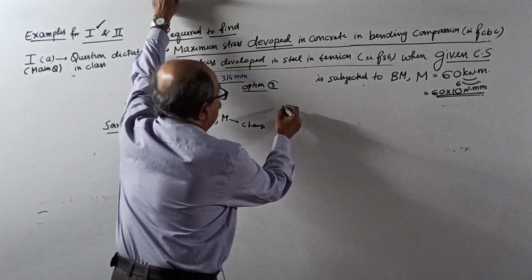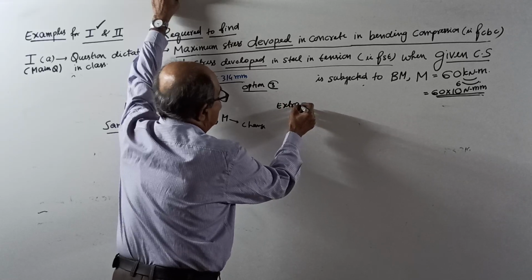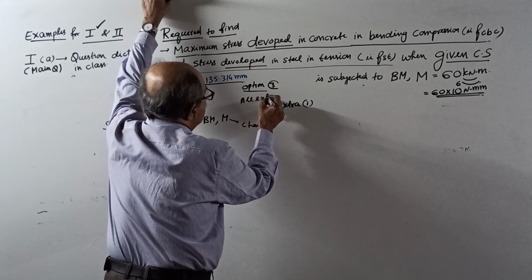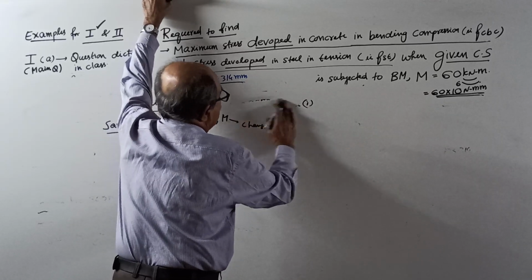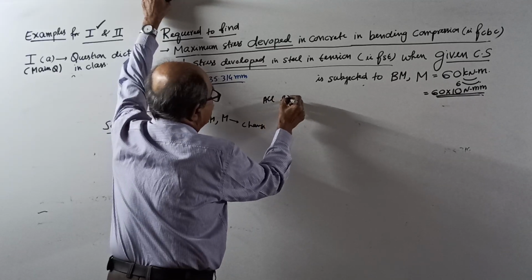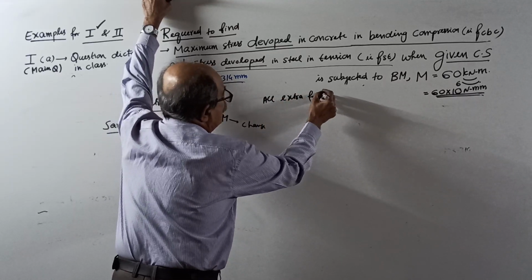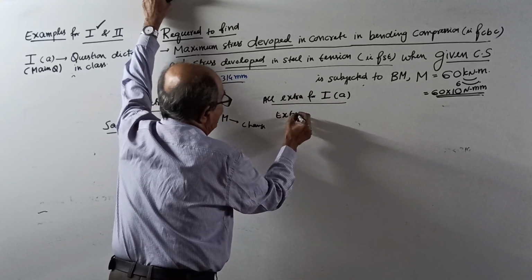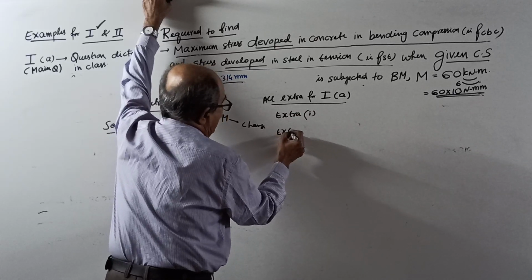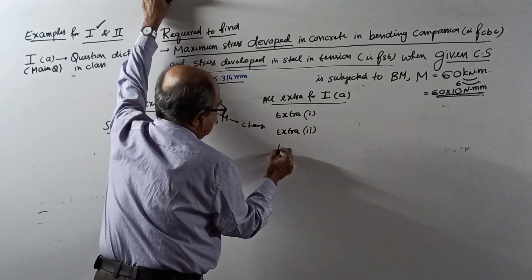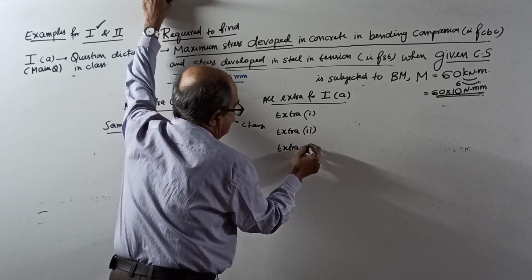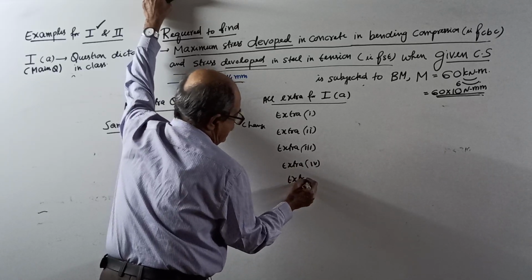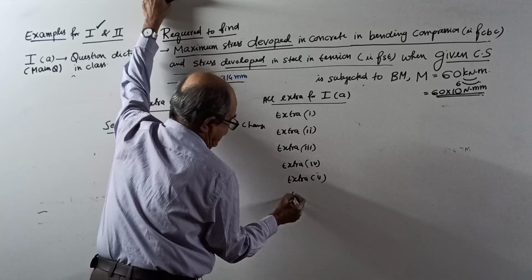I will put extra 1, and all these extras are for Roman 1A, not Roman 1B. Extra 1, extra 2, extra 3, extra 4, extra 5, extra 6.